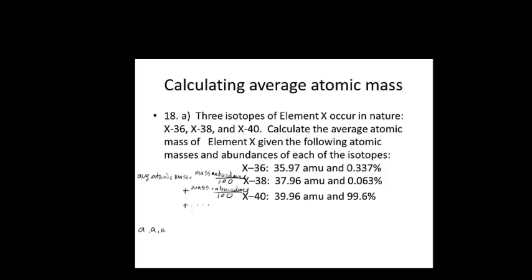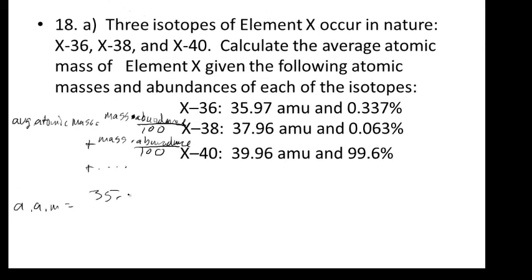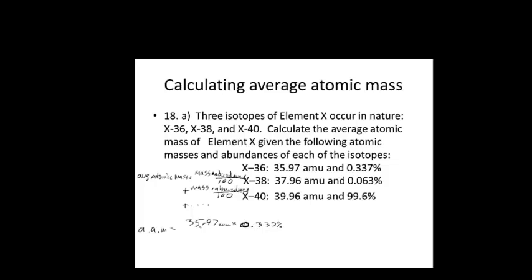So average atomic mass is equal to our mass, 35.97 AMU, times 0.337%.